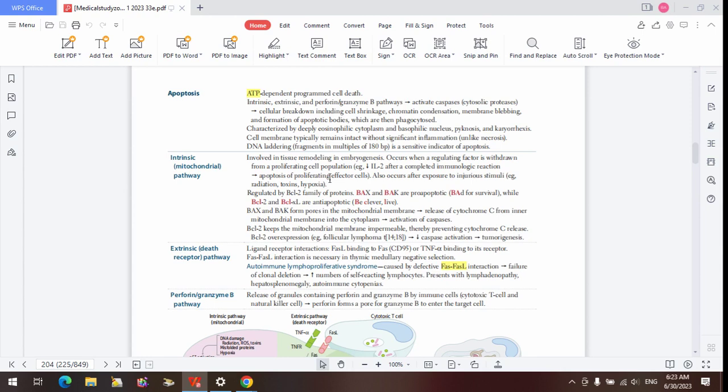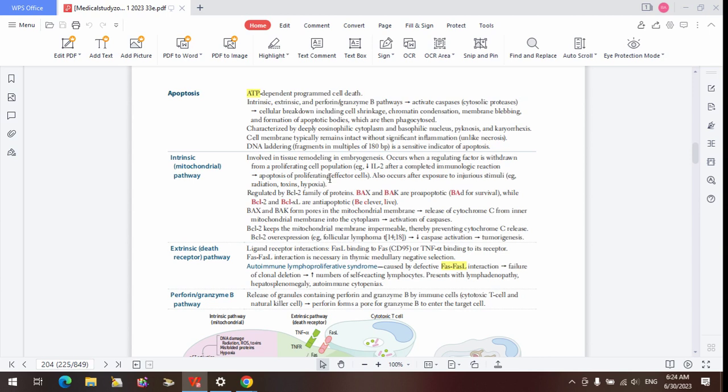In addition to that, it's also responsible for taking out cells that have their DNA compromised, either by insult from radiation exposure, infection, or toxins, or any cell that has accumulated misfolded protein, or any cell that has suffered hypoxic insult.